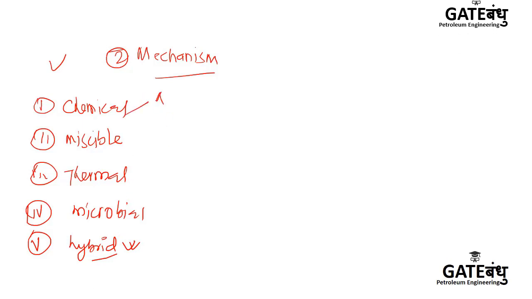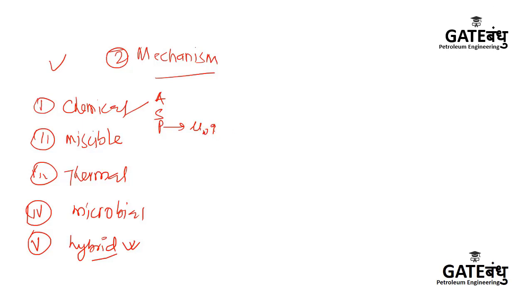But chemical is called ASP, alkaline surfactant and polymer. What polymer does, it increases the water viscosity when it dissolves into the water. It increases the water viscosity, and it reduces the KRW, the relative permeability of water. Everything that we want is not producing water from the reservoir, so reducing the relative permeability of water is the major idea.